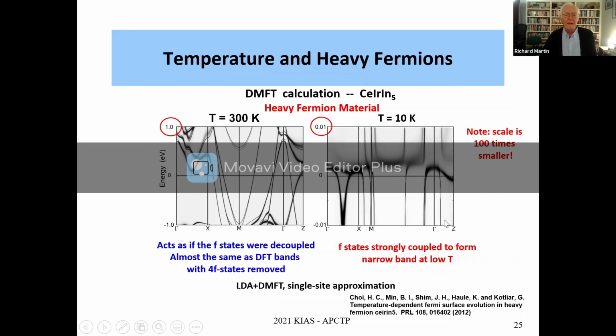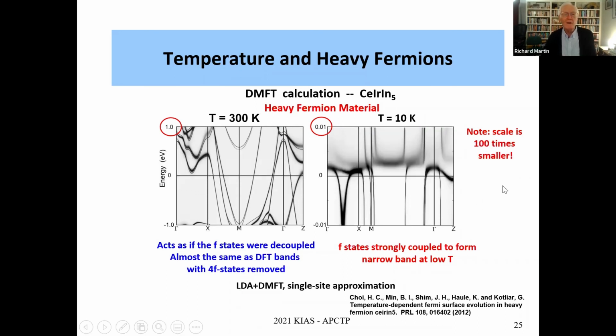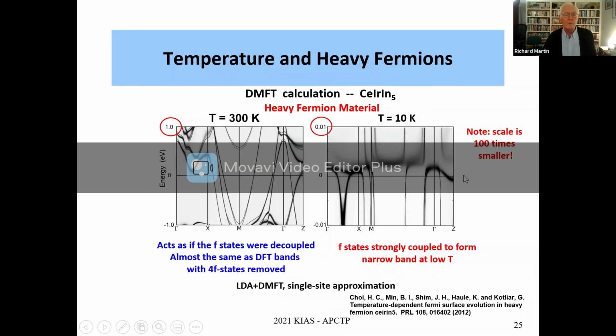That may seem like it's something that's hard to believe, but in fact, it's just exactly what you expect, because you know something about cerium in these systems, and you know that this is one of these cases that has these very high effective masses. So this must be a narrow band there.